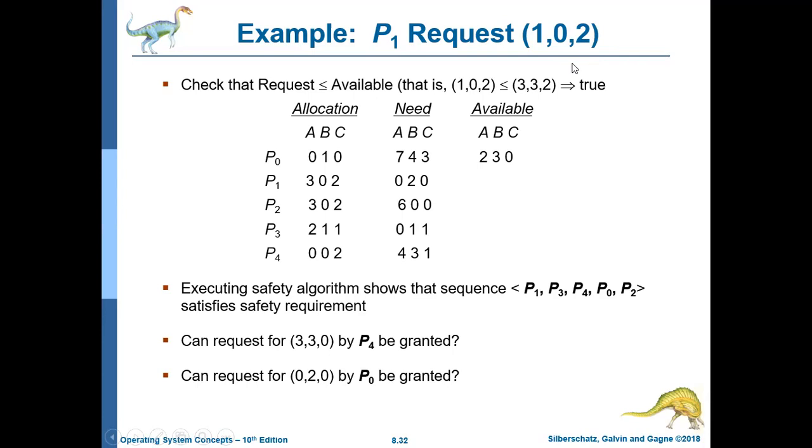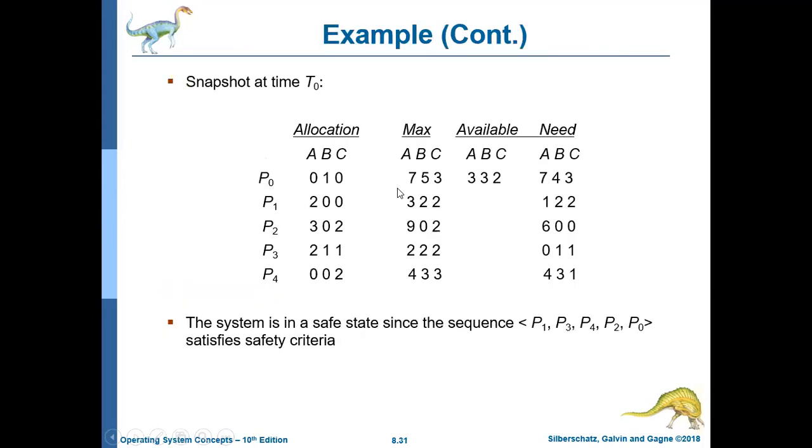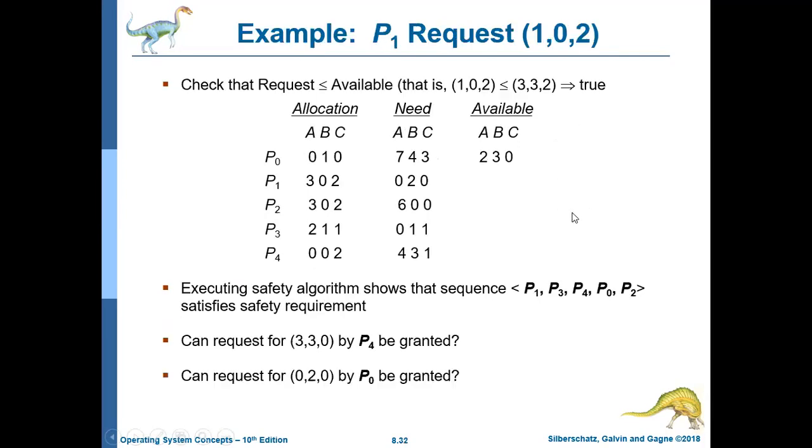Can we allocate this number of resources to P1 or not? Let's check the need for P1. P1's need is 122, but it is not asking for the complete need. It is only asking 102. Can we allocate this to P1 or not?